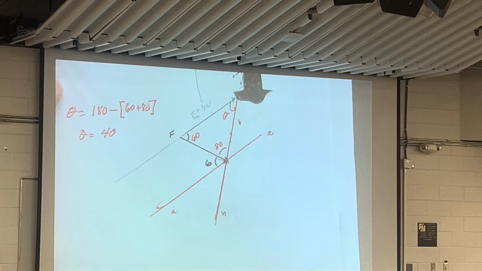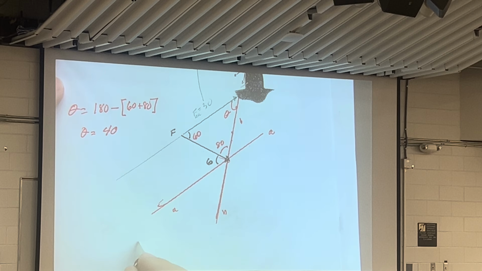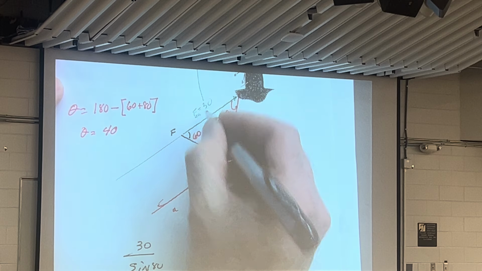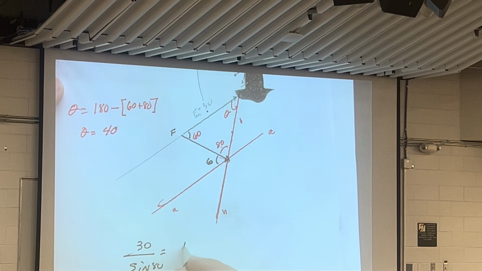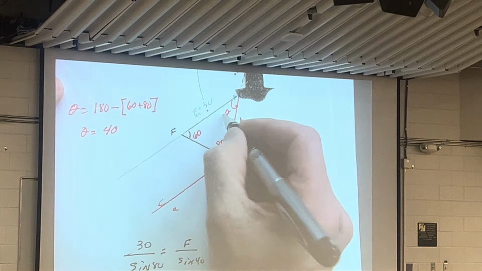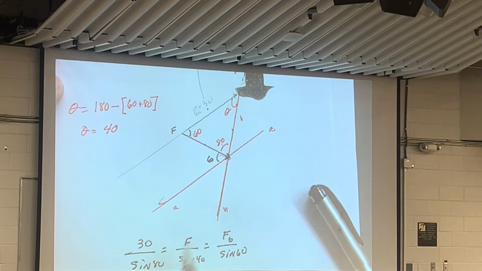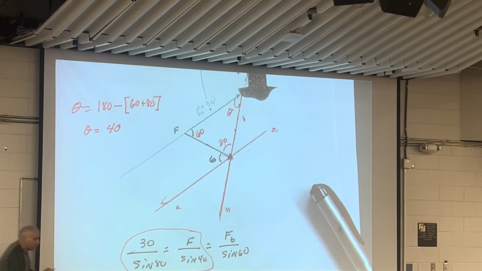So now I'm going to say 30 over sine 80, the angle and the side opposite, must equal F over sine 40, must equal FB over sine 60. So now if I solve these 2 together, which we know how to do, right?